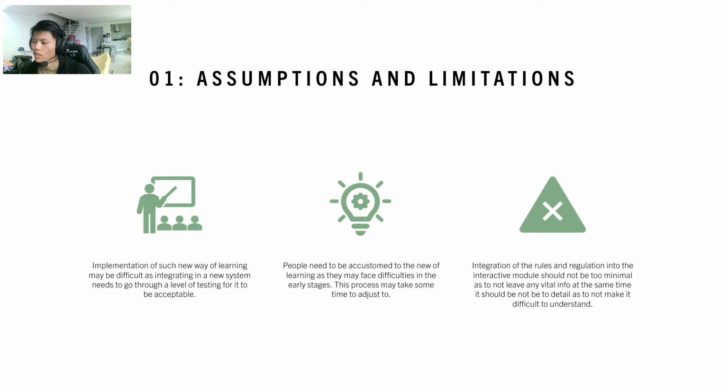Next one is that people need to be accustomed to the new way of learning, as they may face difficulties in the early stages. This process may take some time to adjust to. So, like I said before, if it has been authorized by certain organizations who say yes, we want to include this in our learning system, new people might have problems using the interactive module for the first time, as they might not know how to navigate it.